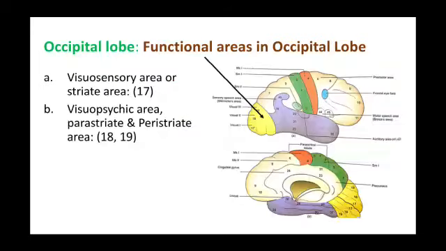Coming to the functional areas seen in this occipital lobe, there are two: the visuosensory area or striate area number 17, and the visuopsychic area, parastriate or peristriate area 18 and 19.